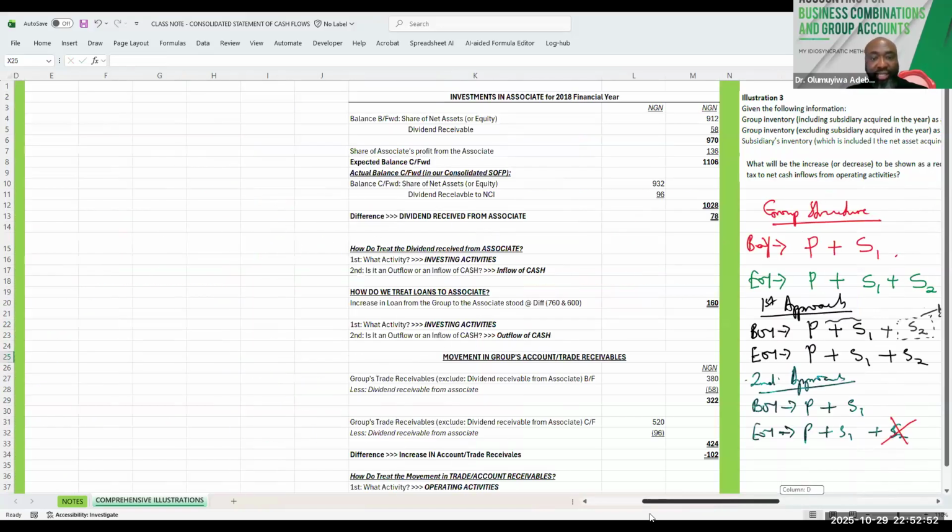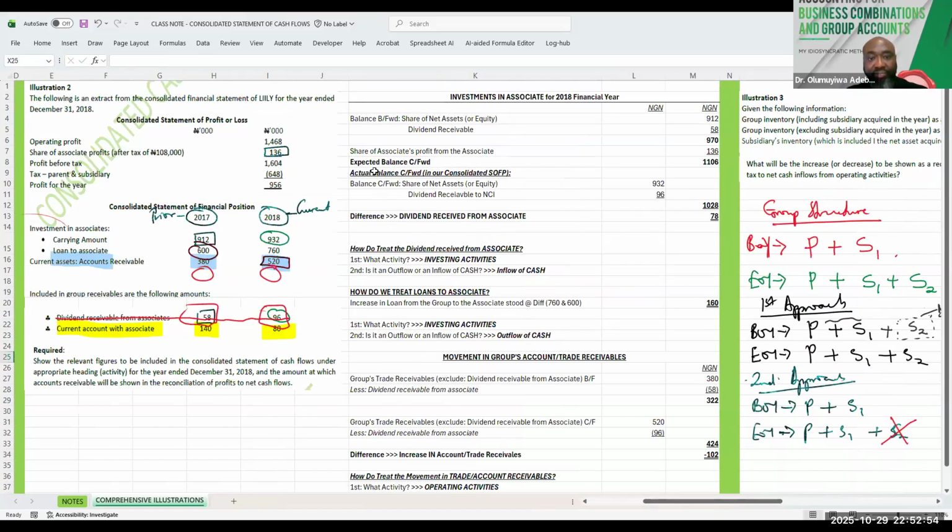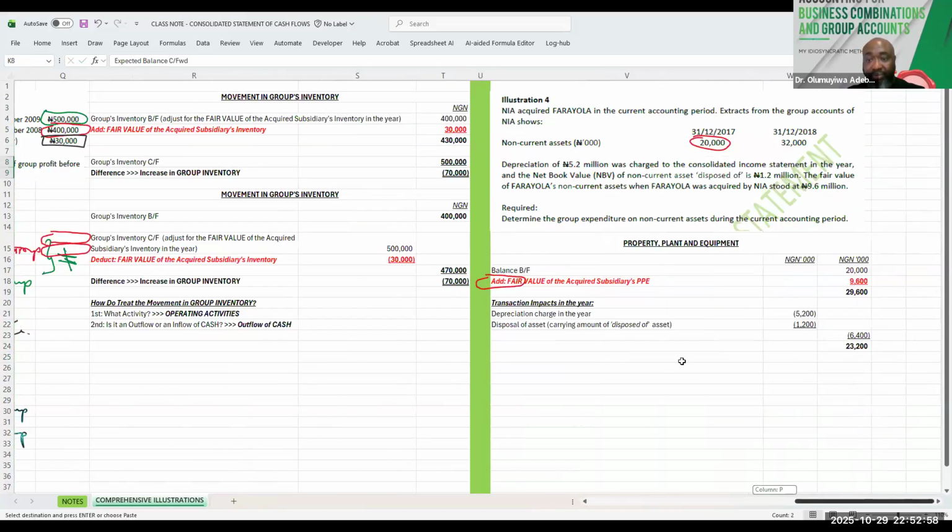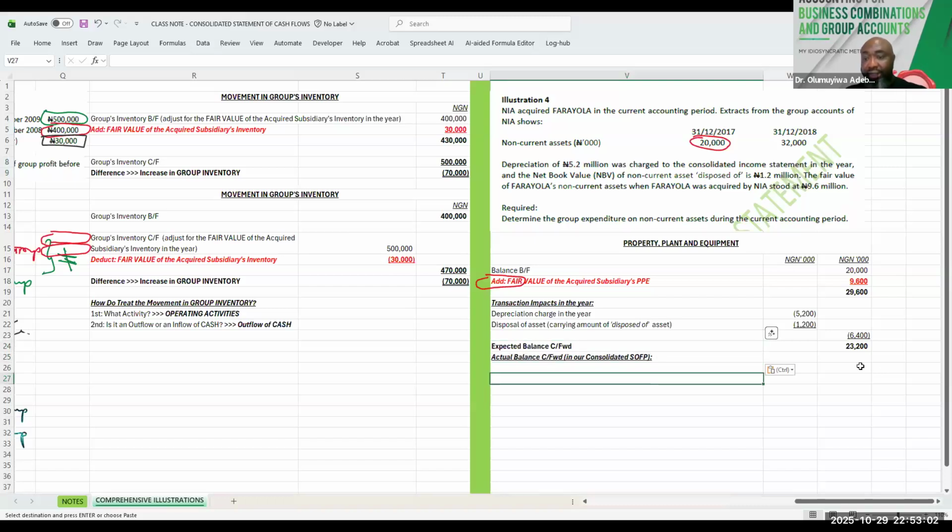Therefore, where did I write my expected? My actual and expected. Okay, therefore, let me now compare my expected balance with my actual balance. In my balance sheet, what is my actual balance? My actual balance is 32 million.